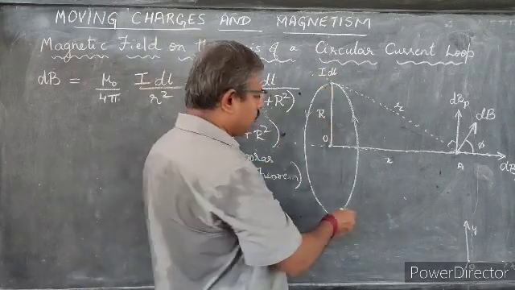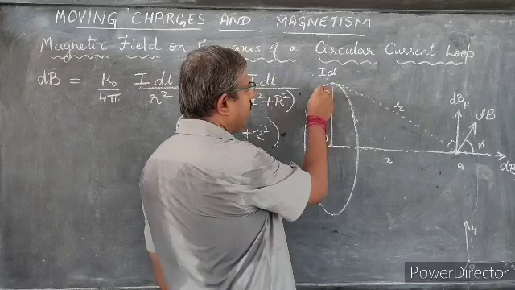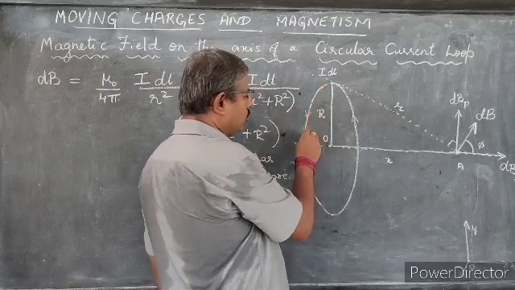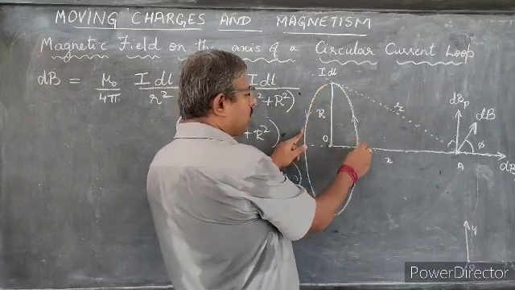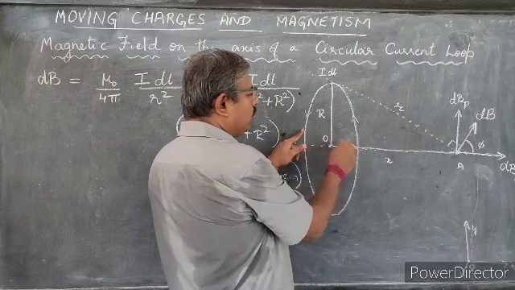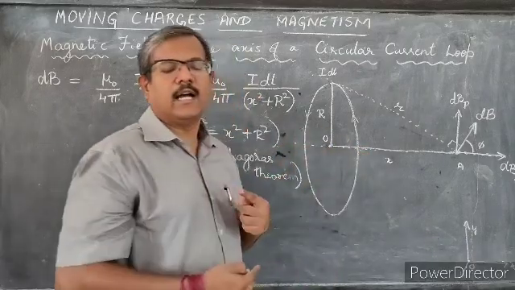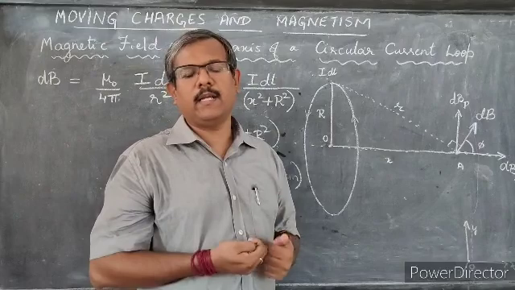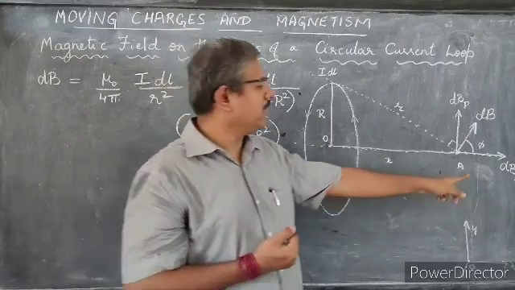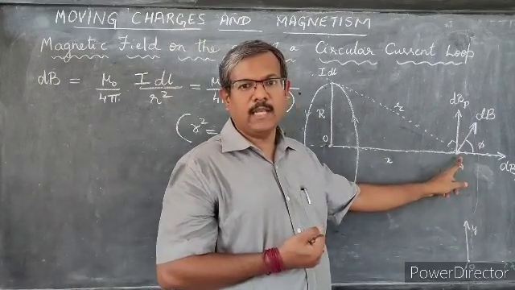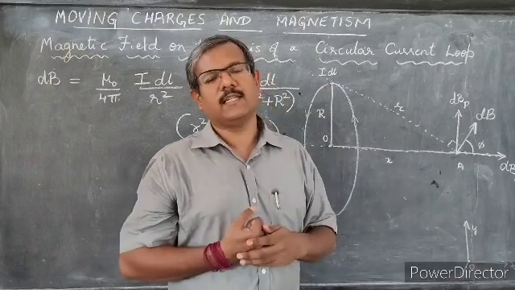So if that is true, then at every point on this circular loop, I have a diametrically opposite point on the circular loop which will generate an equivalent perpendicular component of the magnetic field at point A, which are similar in magnitude but opposite in direction.